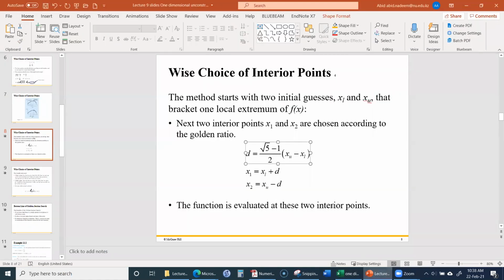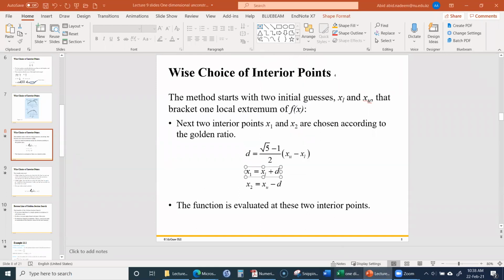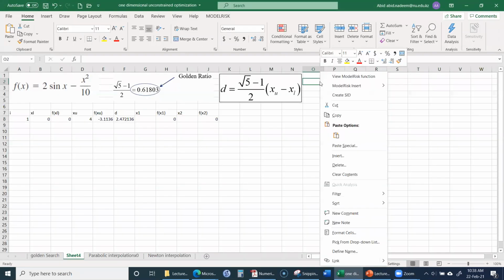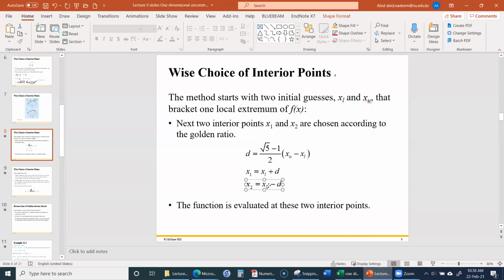And what is X1? You can see that X1 is equal to XL plus D. And what is X2?